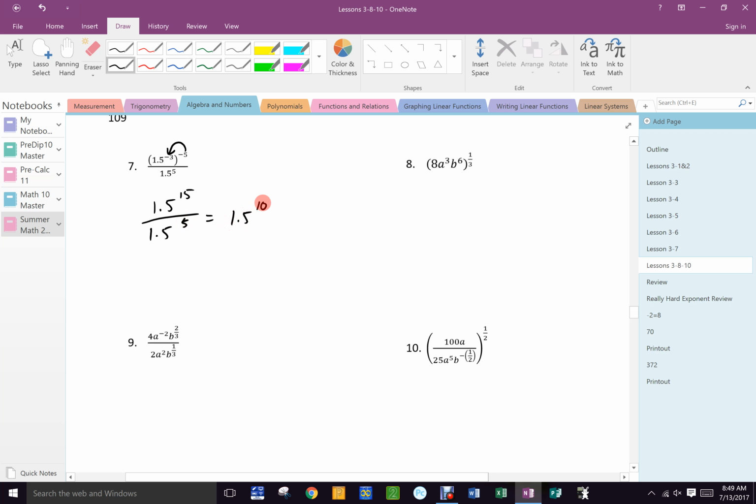Am I done? No, because this has no variable, so I should try and simplify it, right? Where does that denominator go? Index. Cube root of what? To what power? 1. What is the cube root of 8? 2. 2 to the first power. Do I ever write the first power? No, so it's 2a to the first power.